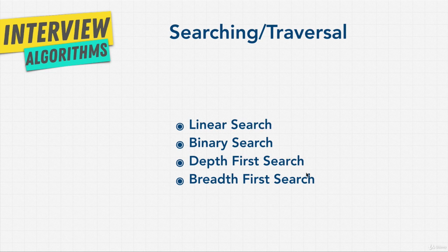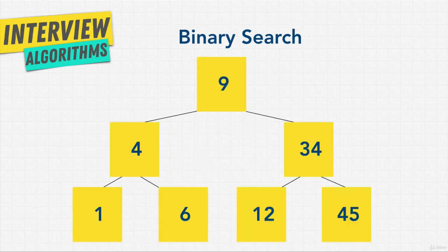But what are these two? Well, up until this point, we've talked about searching for an item where we know that 34 exists, our list is sorted in a binary search tree, and we know where to go, left or right. But sometimes we have to do something called traversals.